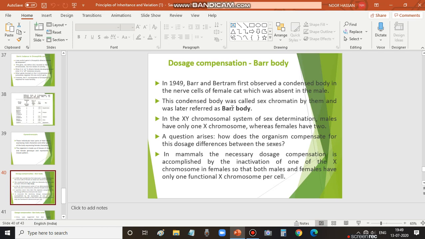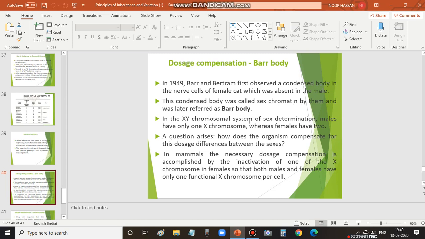This condensed body was called sex chromatin by them and was later referred to as Barr body. Please try to understand.